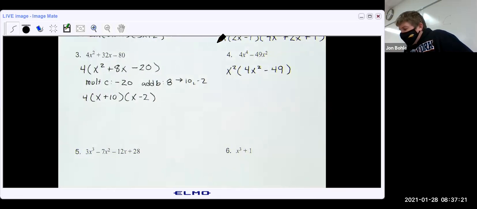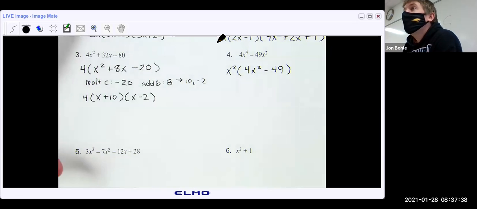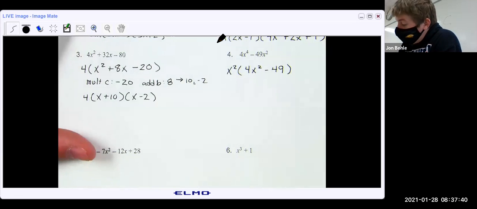I'm going to look for squares or cubes here. Squares, right? When you see x squared, it's a pretty big hint that you're looking for squares. So is 4x squared a perfect square? It is.